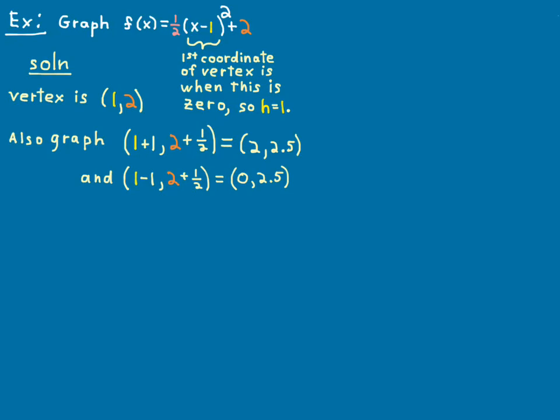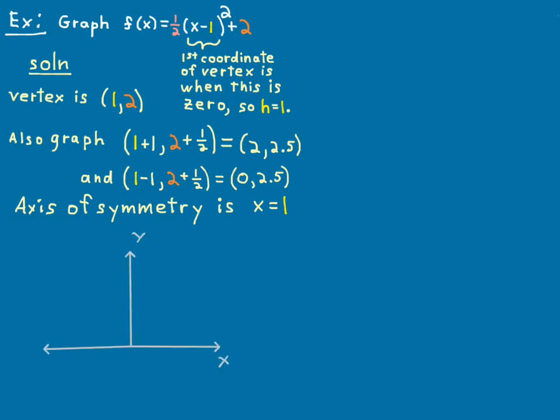It looks kind of complicated here maybe, but it's actually quite simple. And the axis of symmetry will be x equals the x coordinate of the vertex. X equals 1, because the axis of symmetry always goes through the vertex. And it's vertical, so it has to be x equals some number, so it has to be 1 in this case.